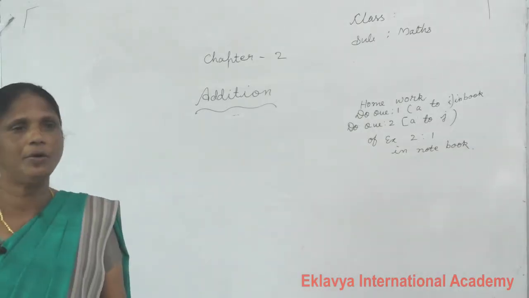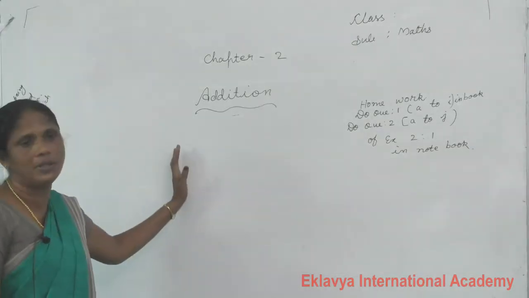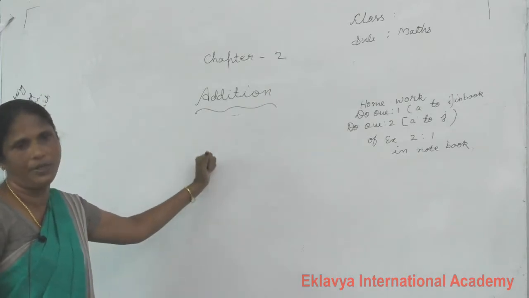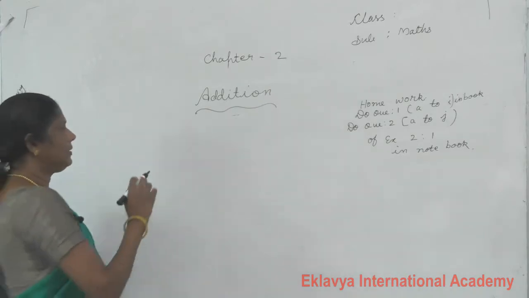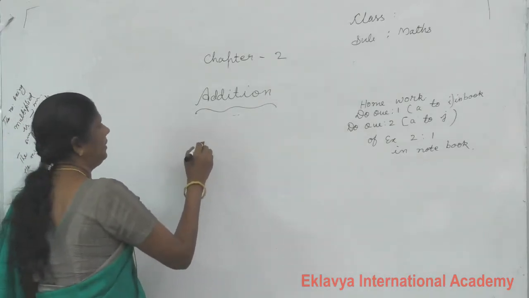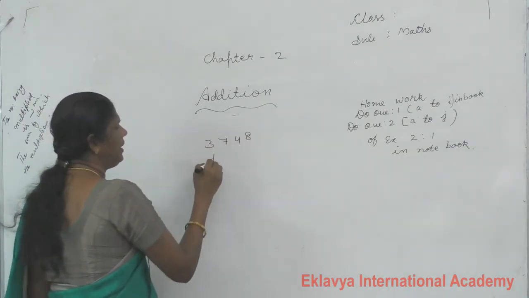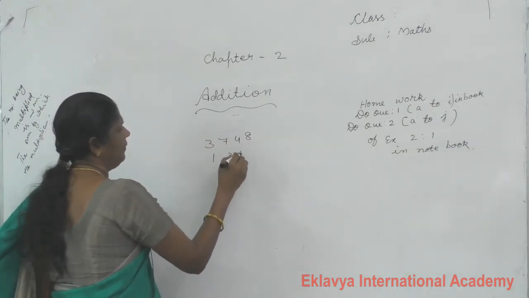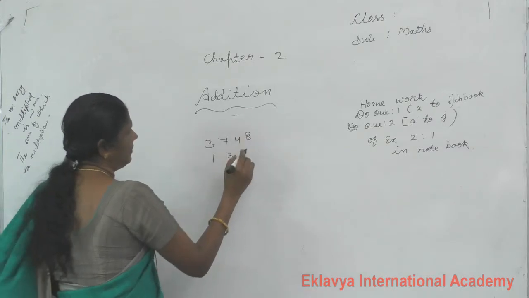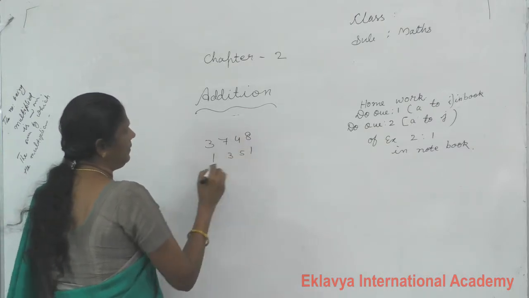Today we study chapter 2, addition. You studied addition in the previous class also. Here I write, for example, 3748 then 351.